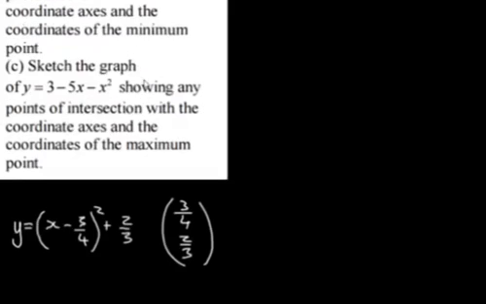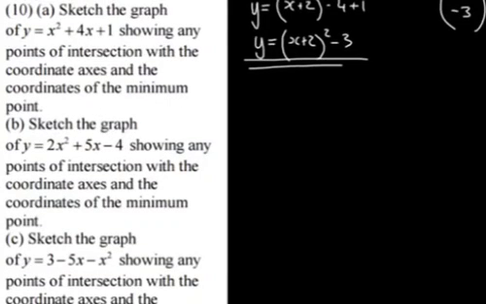The vector we would move this is 3 over 4 and then 2 over 3. We'd move now to the right by 3 over 4 and we'd move up by 2 over 3. So let's now consider that this is our minimum point. The coordinates of our minimum point are going to be negative, they're going to be on here: -2, -3.